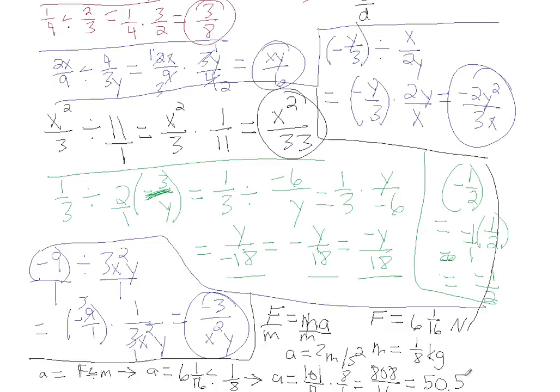And our acceleration is 50 and a half meters per second squared. This is our answer. So for a ball that weighs 1/8 kilogram, with a force applied to it of 6 1/16 newtons, we found that the acceleration of that ball would be 50 and a half meters per second squared.